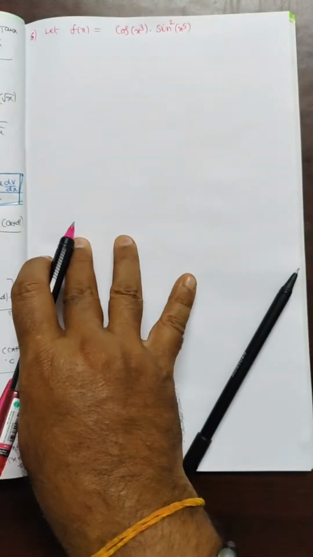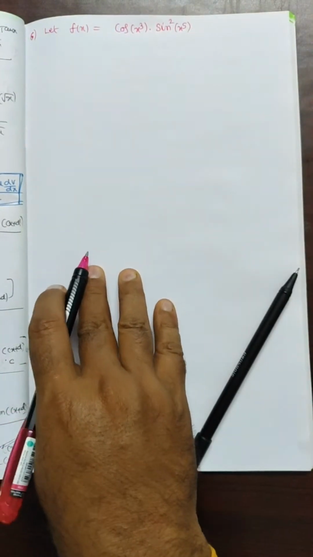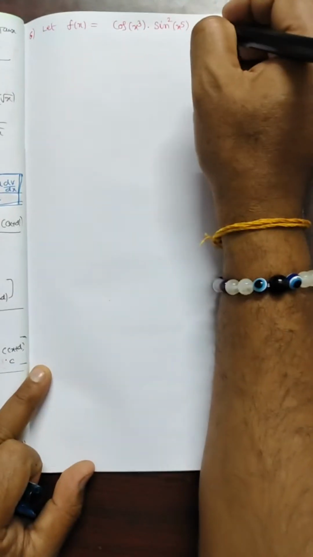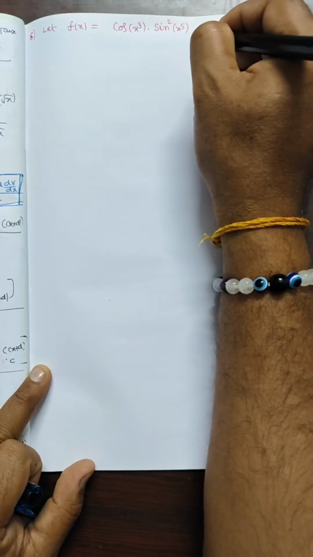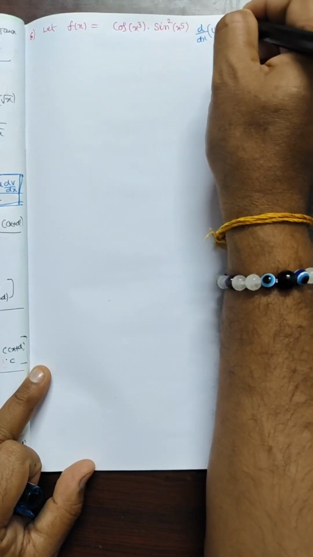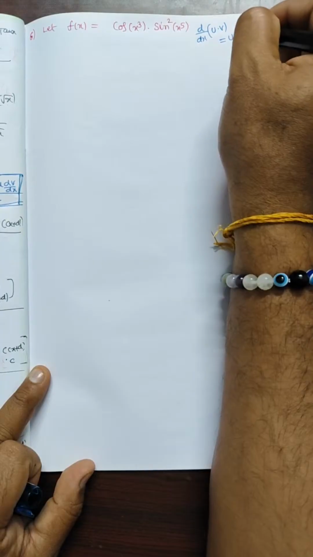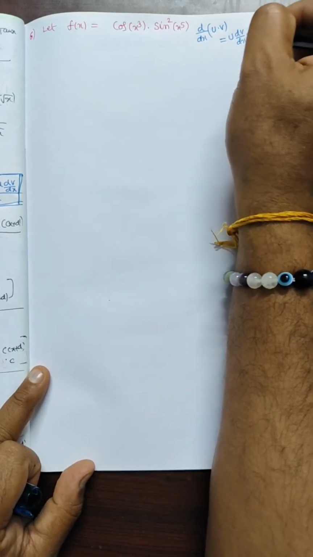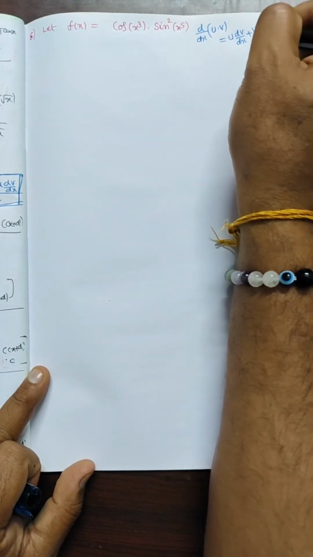So how the functions? Here we are going to apply product rule of differentiation. D by dx of u into v, u into dv by dx plus v into du by dx.